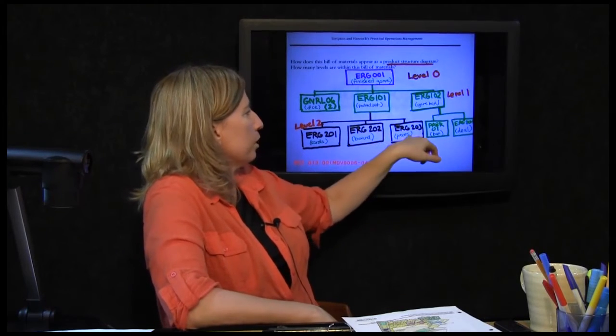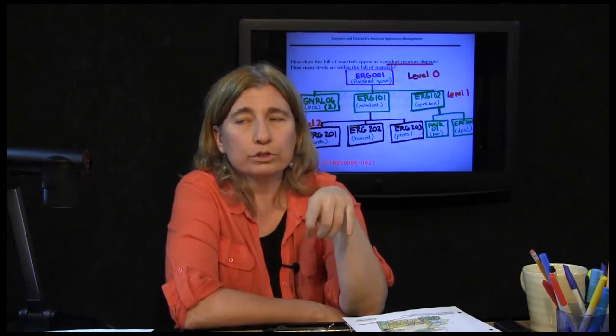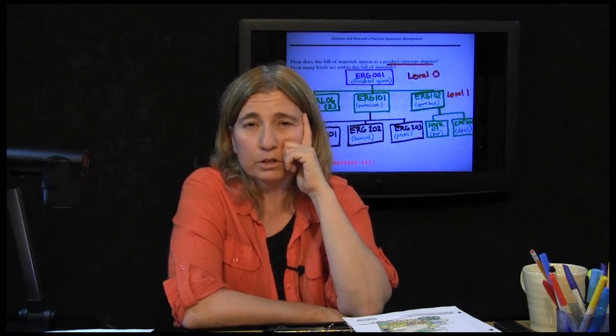They begin with a 1. There were these 4 items on the next level, level 2, that were specific to the game. And do you see how they all begin with a 2? ERG 201, ERG 202. That's partially how they're encoding this apparently in their own bill of materials.